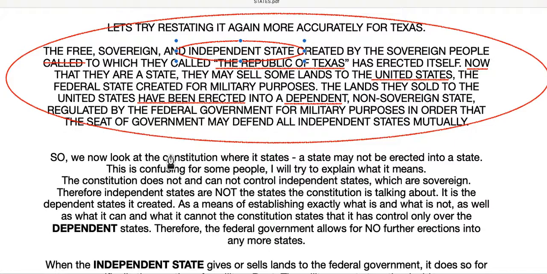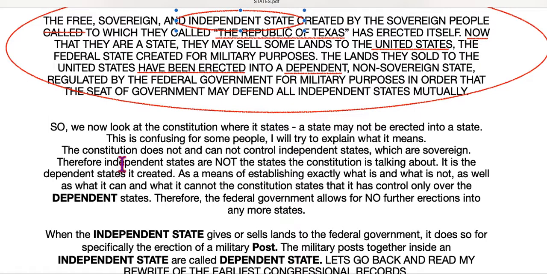That was a stipulation to that contract, to the stipulation of joining, that they didn't create themselves into an independent state. So we look now at the Constitution where it states, a state may not be erected into a state.